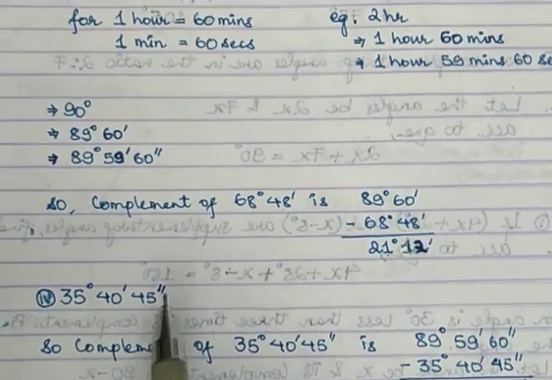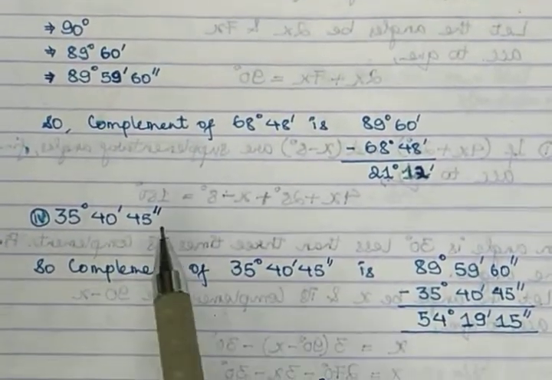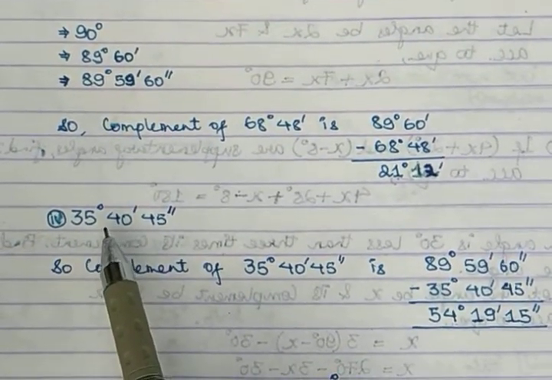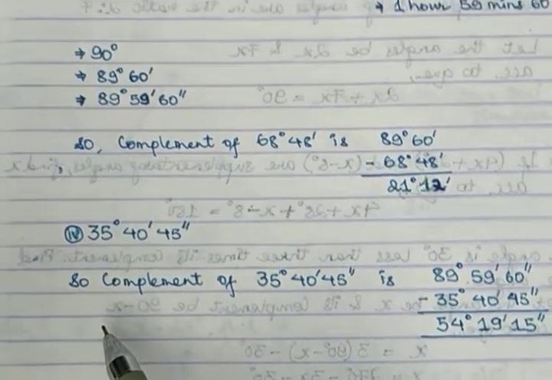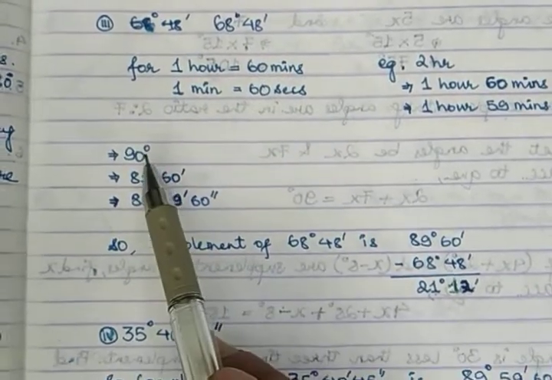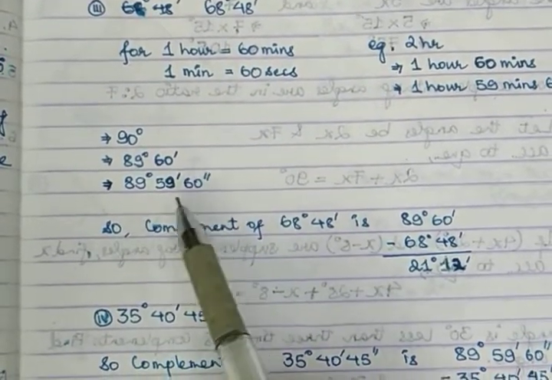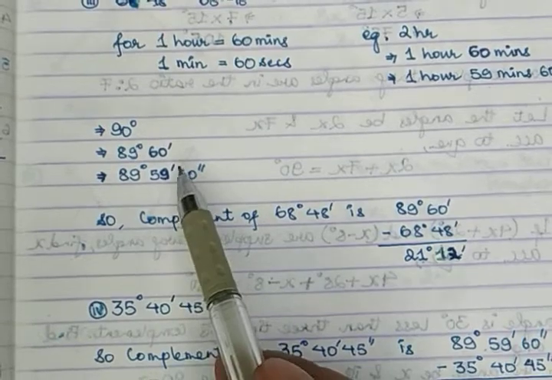Now for the 4th one, as I've already said, we got the angle represented in 3 different units, that is degree, minutes and seconds. As I've already given you, 90 degree can be represented in 3 different units as 89 degree, 59 minutes and 60 seconds.